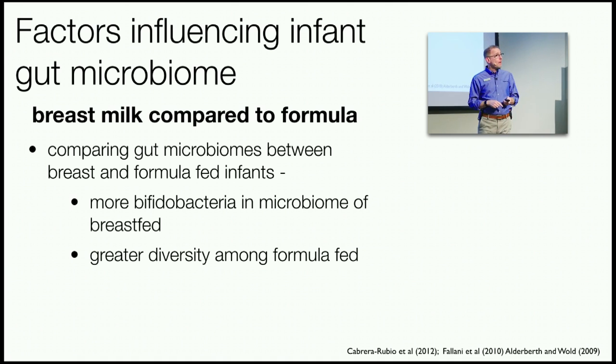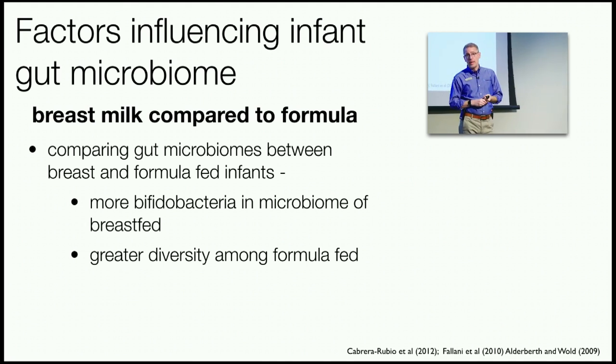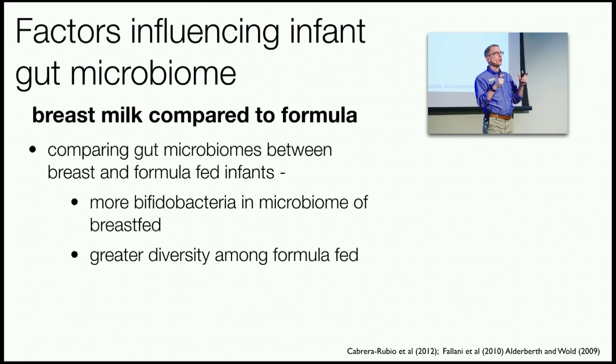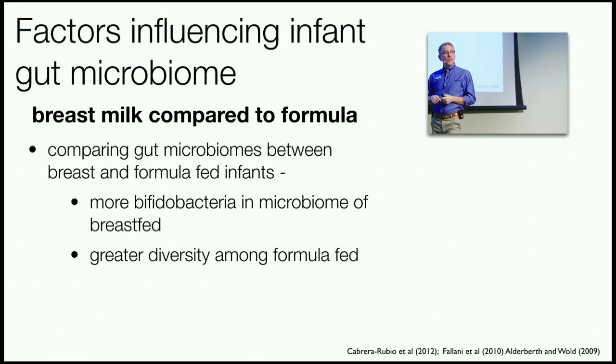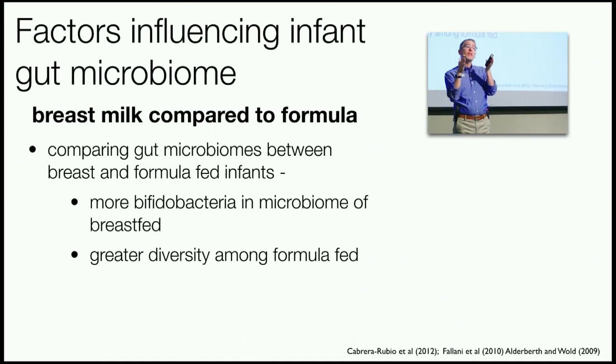At the same time, there's a greater diversity of bacteria in the microbiome of babies that are formula fed. There are more different types. Babies that are formula fed have a microbiome that is a little closer to a more adult microbiome. Babies that are breastfed have a microbiome that is a little more immature, that has a smaller number of species and mostly things like bifidobacteria.